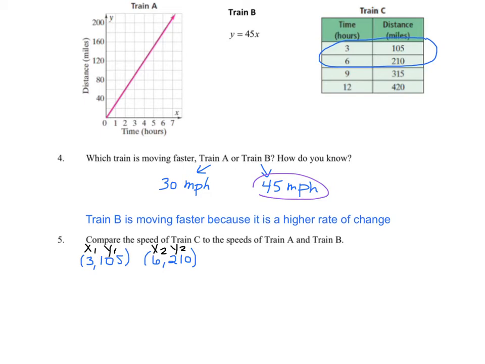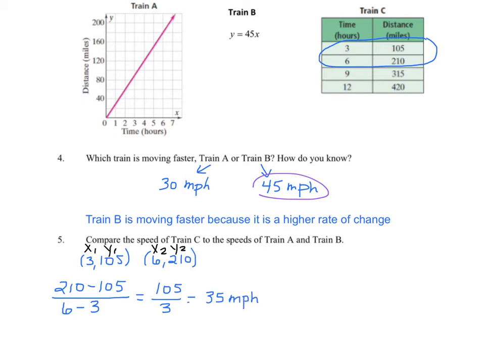So our y2 is equal to 210 minus our y1 is equal to 105 over our x2 is equal to 6 minus our x1 is equal to 3. So now 210 minus 105 is 105. And 6 minus 3 equals 3. Now we divide. 105 divided by 3 is 35 miles per hour.